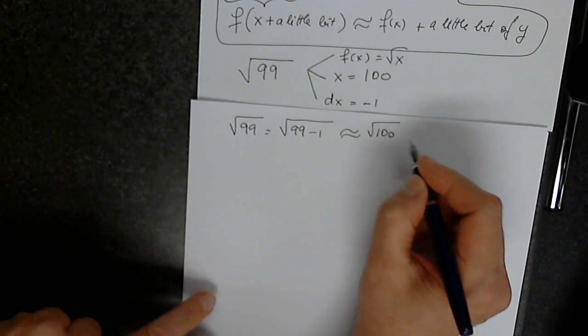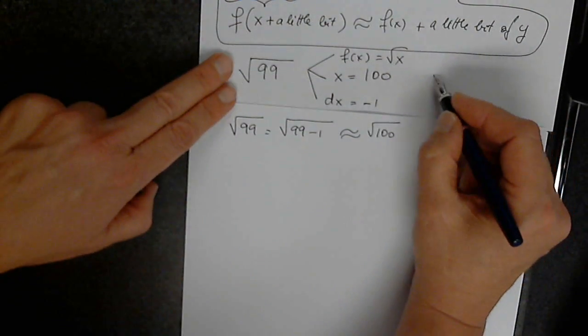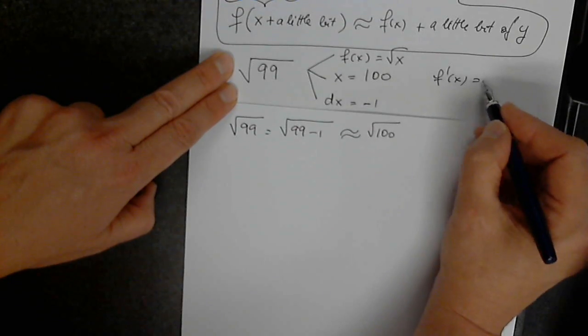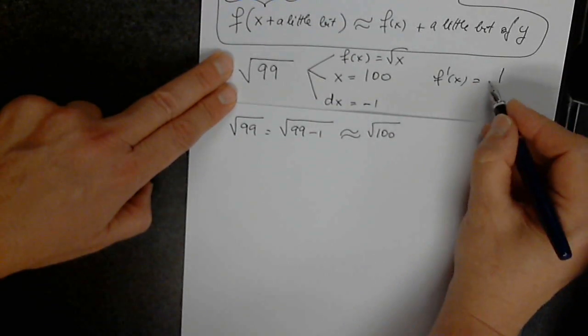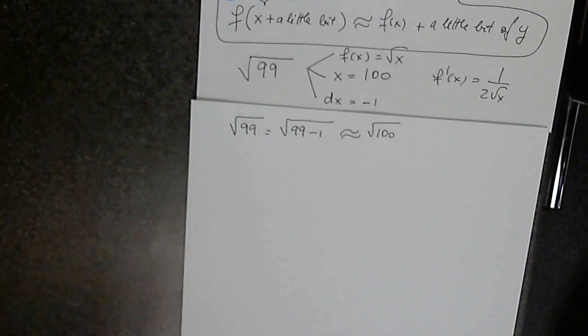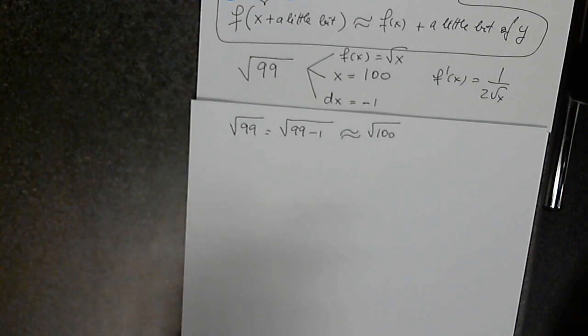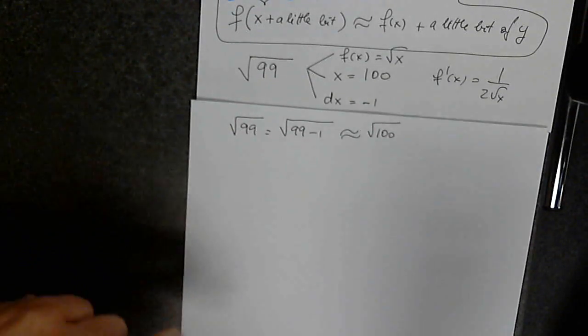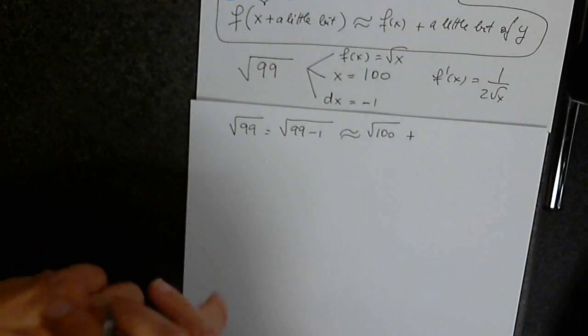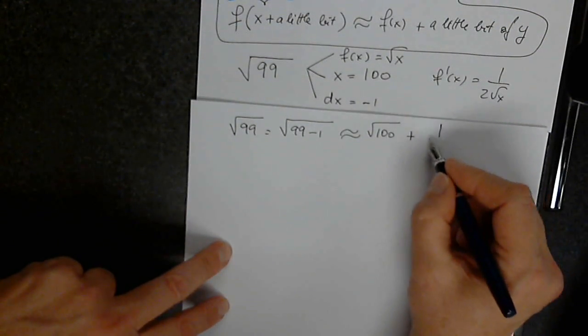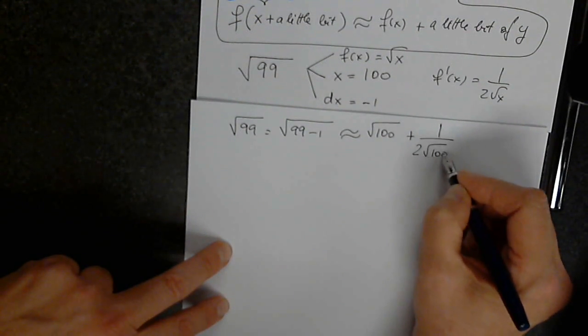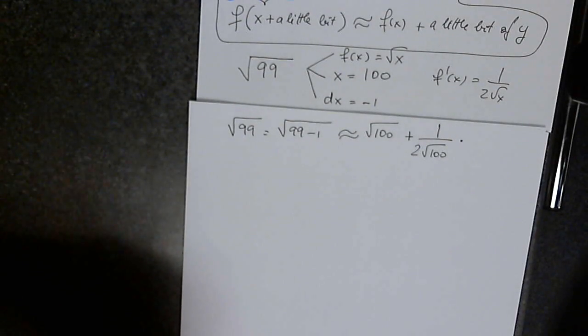Very good. Now I need to find f prime, but I know f prime for the square root of x. I learned that a month ago. I will never forget that. I don't have to. Okay. So then it's plus, multiplied by negative 1.